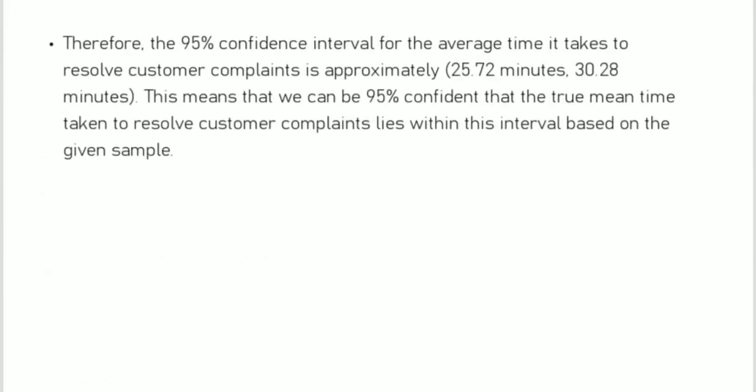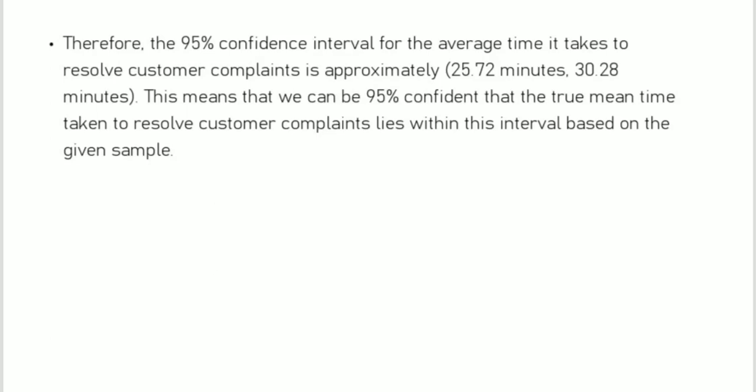Therefore, the 95% confidence interval for the average time it takes to resolve the customer complaints is approximately between 25.72 minutes and 30.28 minutes.